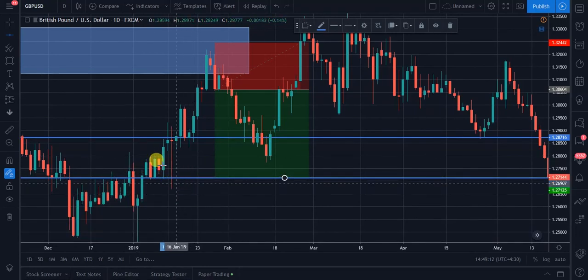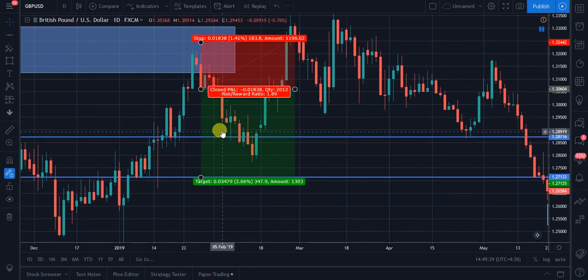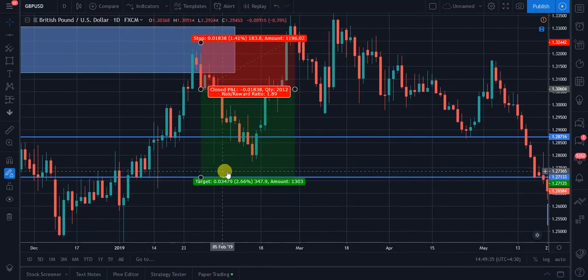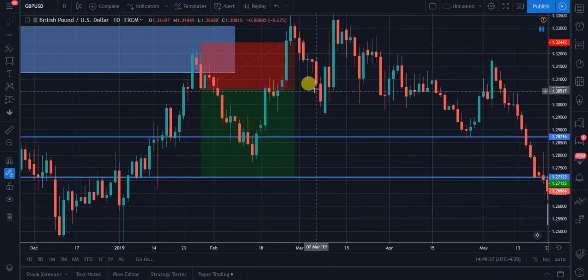Okay, when your first target is touched, risk free your trade. Move your stop loss to entry price or break even, zero risk. Okay, guys, even if the price doesn't touch your second take profit, you will never lose anything.